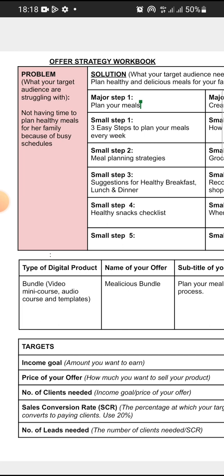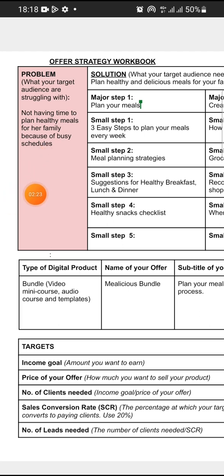This particular example, I'm using it for someone who sells food and who also sells food ingredients. She wants to create a digital product that will become a source of passive income for her, and she will also use the digital product to sell her food items.